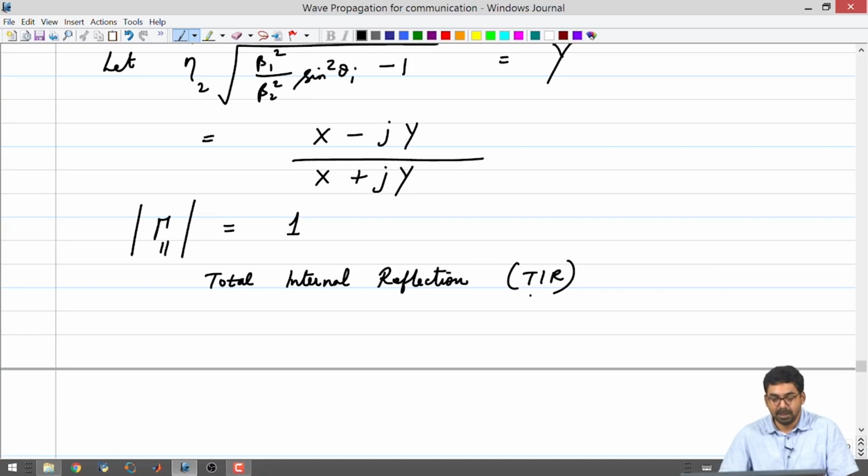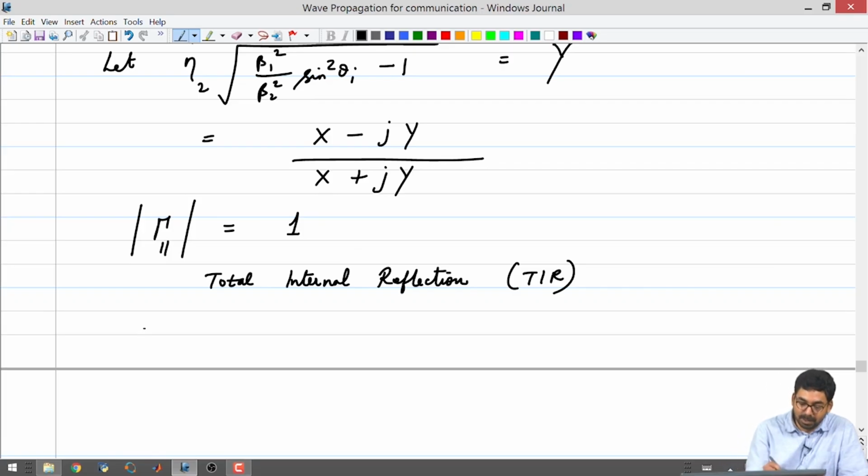Total internal reflection is the phenomenon where you launch an electromagnetic wave from a denser medium to a rarer medium, and you have your incident angle greater than or equal to the critical angle. Then you will notice that in your reflection and transmission coefficients for different polarizations, the reflection coefficient becomes equal to 1, at least for the parallel polarization, that is what we have seen. For the perpendicular polarization also, the magnitude becomes equal to 1.